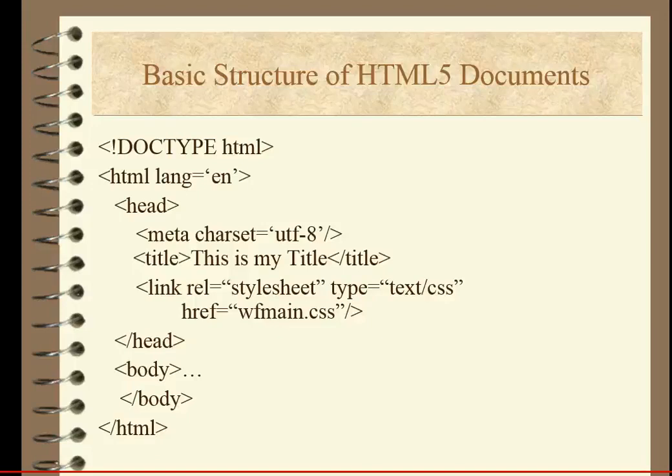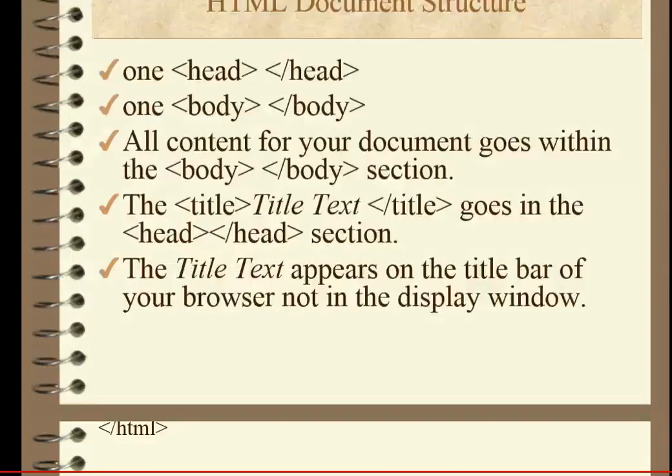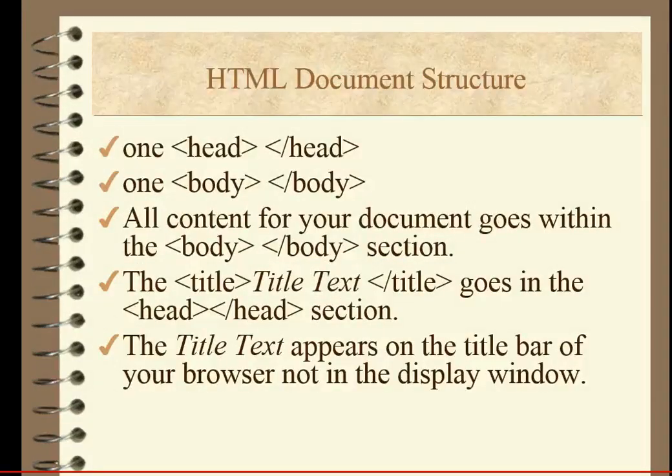Let's see, I think this goes into this on the next slide, but basically you can see also that within the HTML, we have a head and a body. And so you're going to see that the head has information about the document, which we kind of refer to as meta information, and the actual content for the web page is all going to be in the body, okay? Let me advance the slide here. Yes, okay, so we have one head and one body.